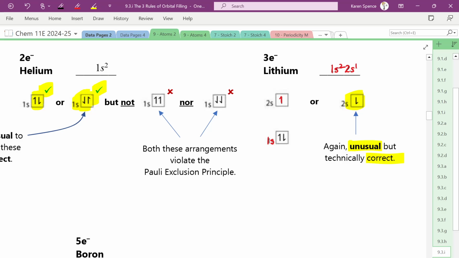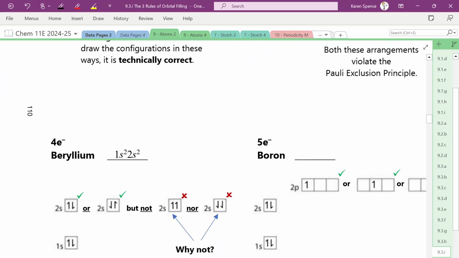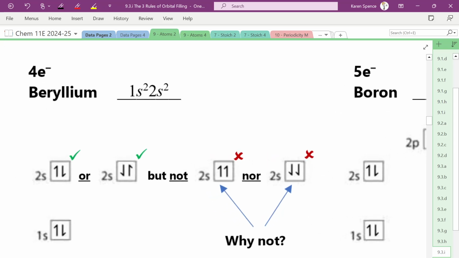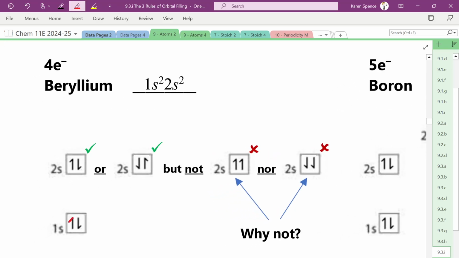Okay. Beryllium, we have 2 electrons in the 1s orbital, 2 electrons in the 2s orbital. It's got 4 electrons, so it's 1s2, 2s2. That gives us 2 plus 2 is 4 electrons. Yes?